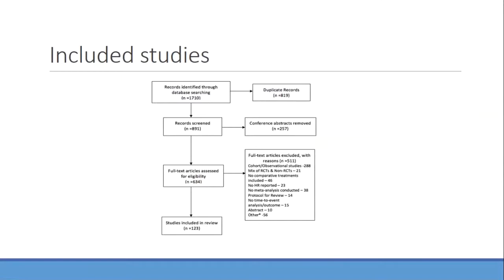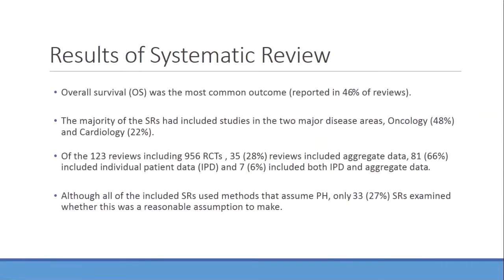So being cohort observational studies, systematic reviews including a mix of RCTs and non-RCTs, or even the analyses not reporting hazard ratios. And in the end, we ended up including 123 reviews.